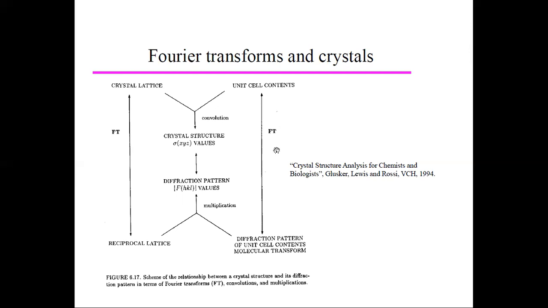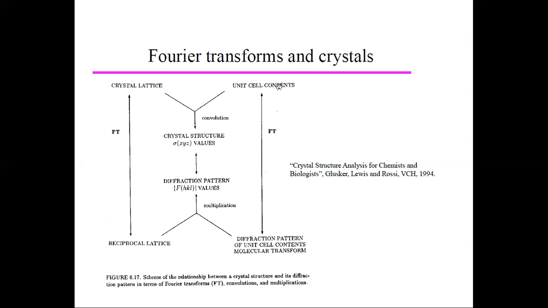So we should analyze the relationship between the crystal structure and the Fourier transformation. The crystal lattice is involved in the crystal structure, that is the sigma xyz value. Then there is a diffraction pattern with Miller indices, F of HKL, which is a multiplication by the reciprocal lattice.